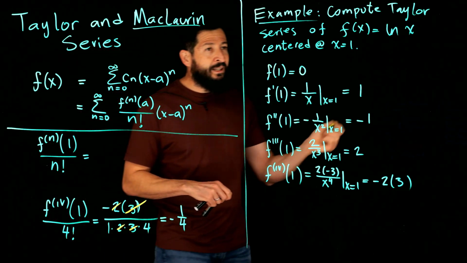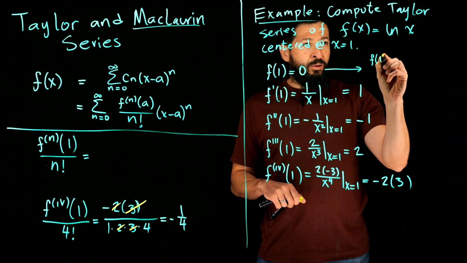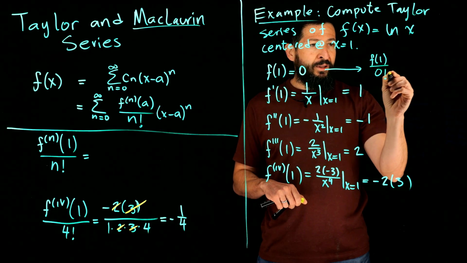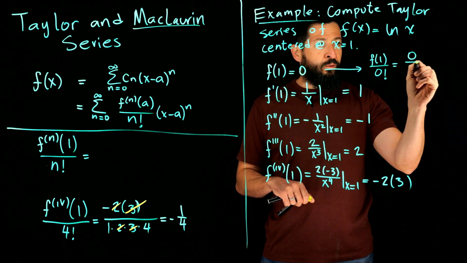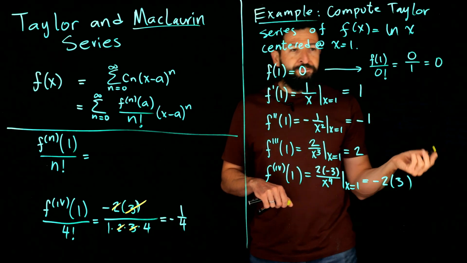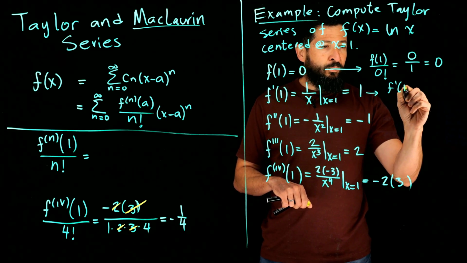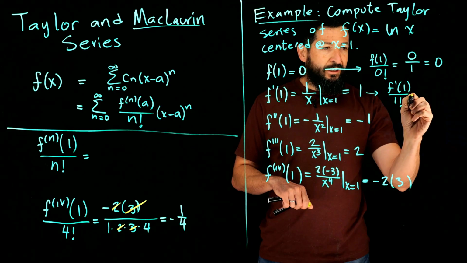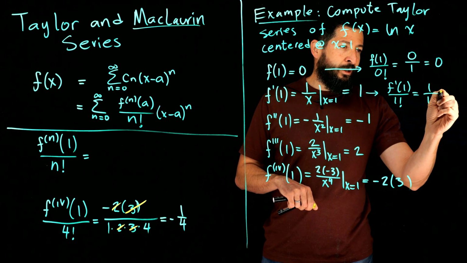Now let's go ahead and try to evaluate this one. f(1) over 0 factorial is going to be 0 over 1, which is 0. Okay, not too bad. Let's find f prime at 1 over 1 factorial. That is just going to be 1 over 1 factorial, which is 1.